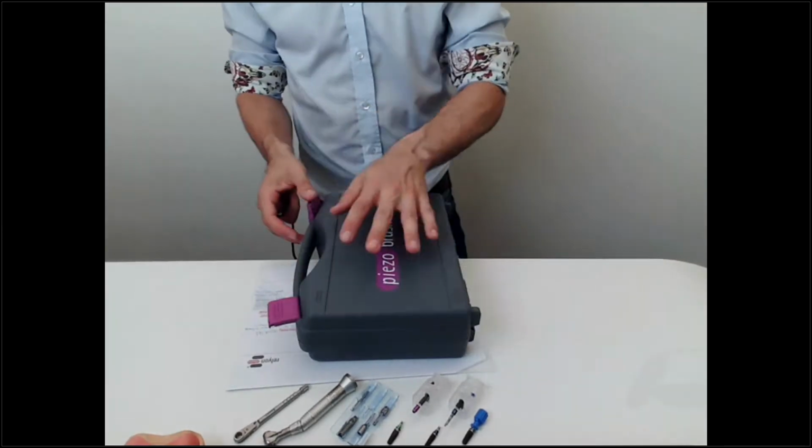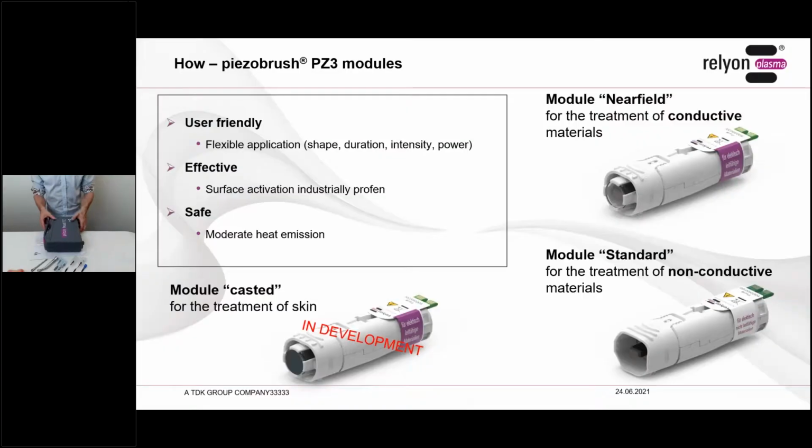Okay, so let me summarize. The Piezobrush PZ3 is currently available. You can buy it. It's very user-friendly, as you have a very flexible application because it's a manual process. You can activate different shapes. You can select your duration, intensity, and the power.